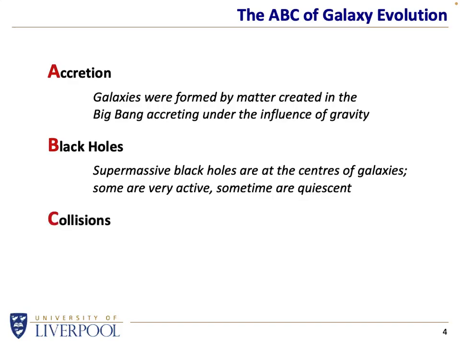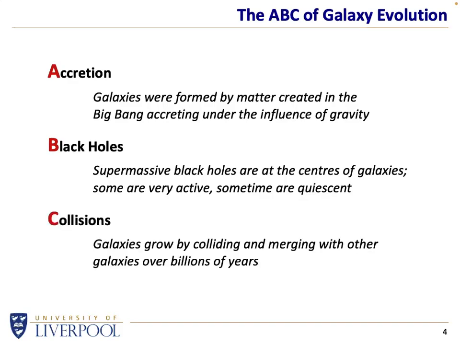And the C of the ABC stands for collisions, because in terms of evolution of galaxies, they might be born from gravity simply pulling stuff together. But the reason galaxies now don't look the same as galaxies billions of years ago is because for billions of years, galaxies have been colliding with each other.